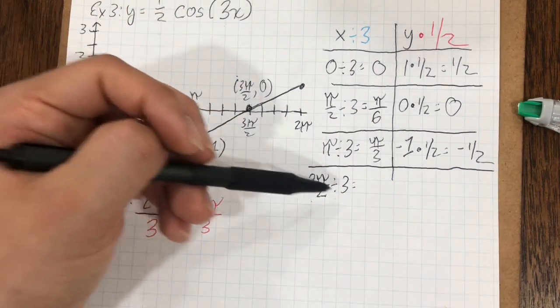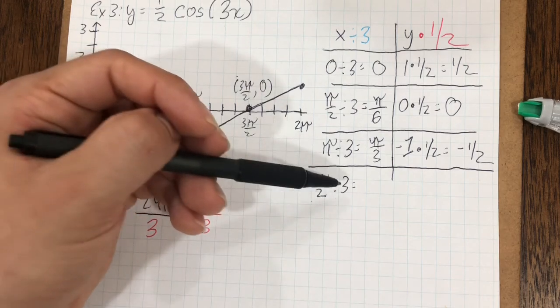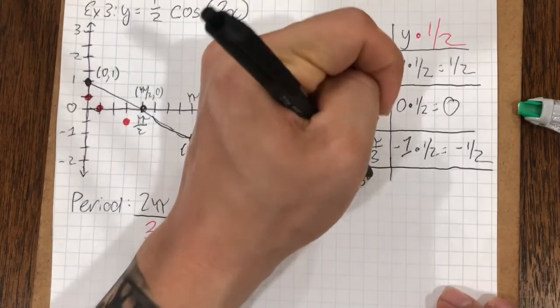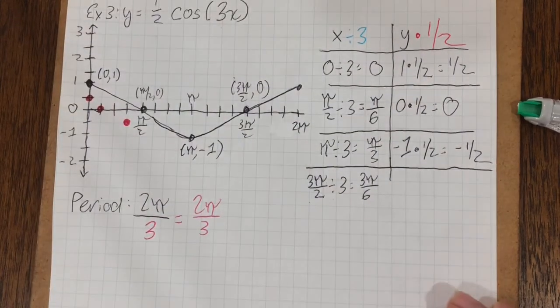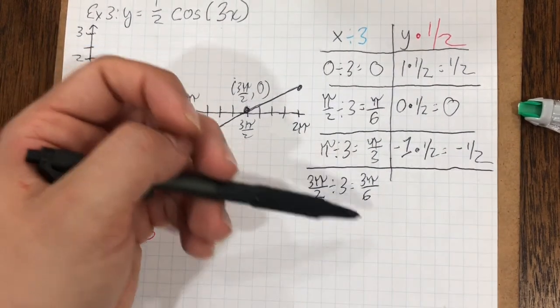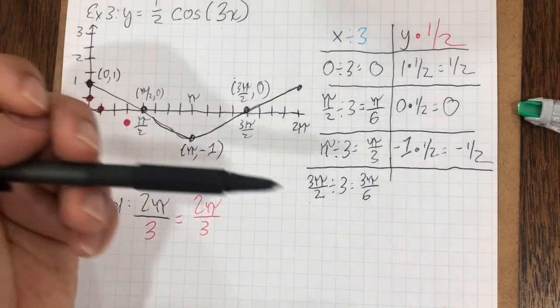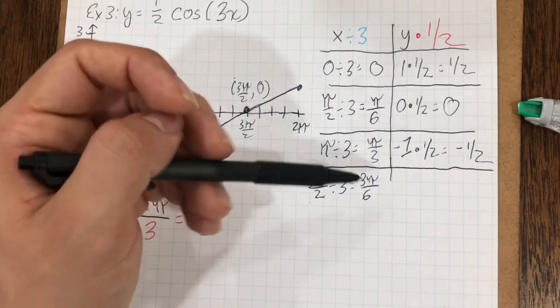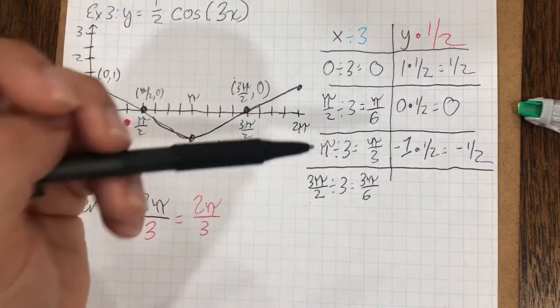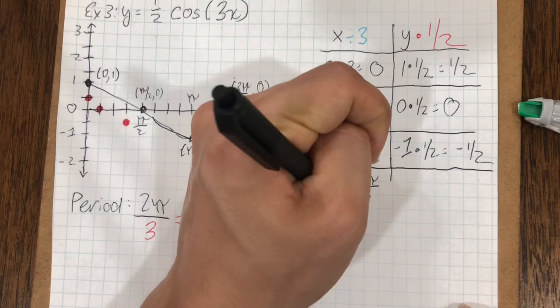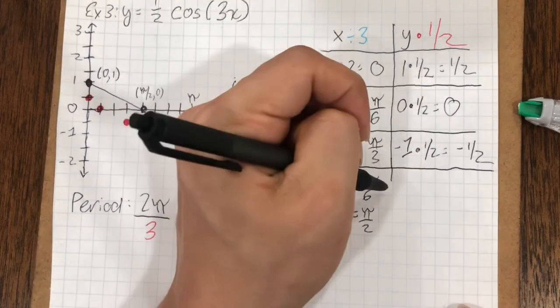I keep this, I change this to a multiplication, and this 3 becomes a 1/3. So I have 3 pi over 2 times 1/3. So we get 3 pi over 6. So we have 3 over 6. And if we were to simplify it, we would get 1/2, but we're doing the radians, so we have pi over 2. I'm going to write it as pi over 2.